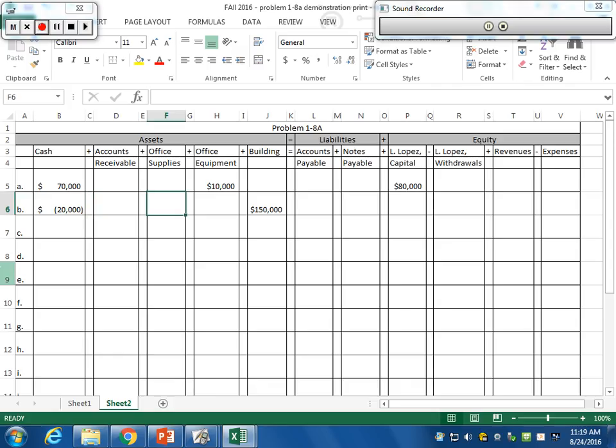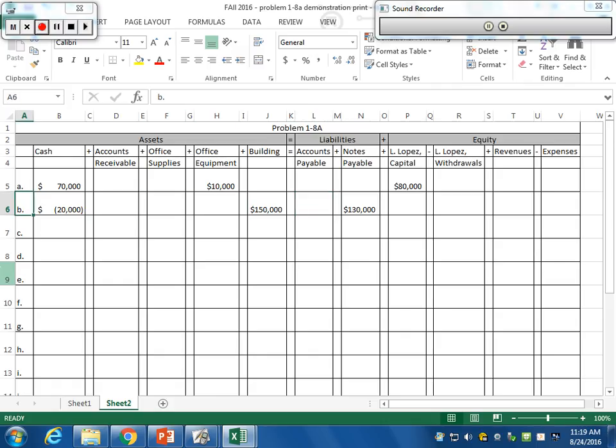What else happened? They owe over 10 years. So the rest of the money they put on the notes payable, right? So what do I do? Notes payable. Positive 130,000 for notes payable, because it increased. The negative is just the parentheses.